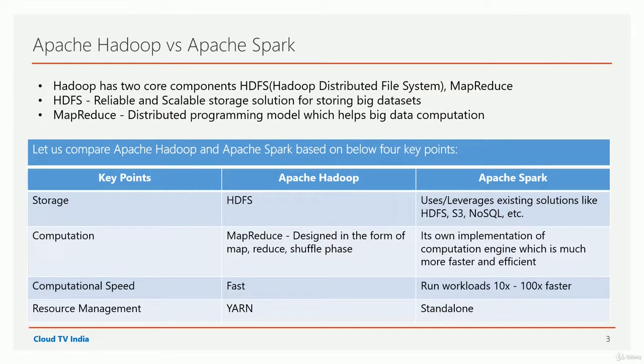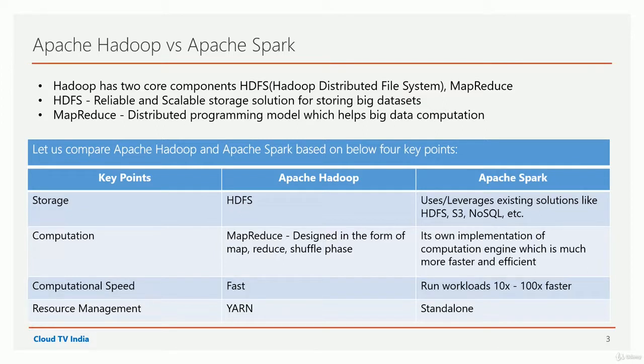And then the fourth point is resource management. Hadoop has a resource manager called YARN, which is Yet Another Resource Negotiator, specially designed for maintaining the resources in your cluster. When I say resources, I mean CPU and memory for computation.